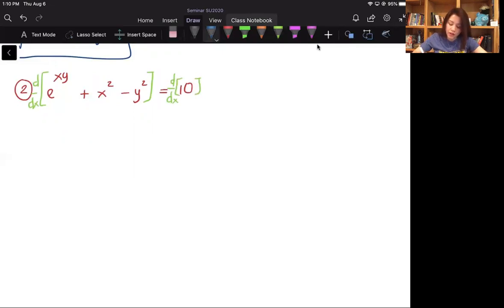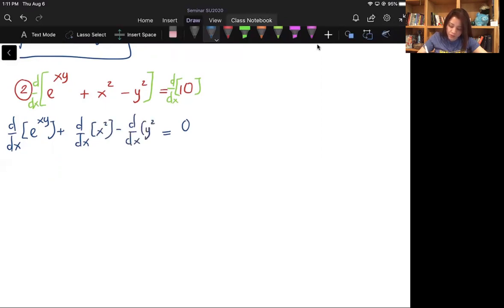Again, on the right-hand side, the derivative with respect to x of a constant is 0. On the left-hand side, we're going to break it down into the derivative with respect to x of e to the xy, plus the derivative with respect to x of x squared, minus the derivative with respect to x of y squared.